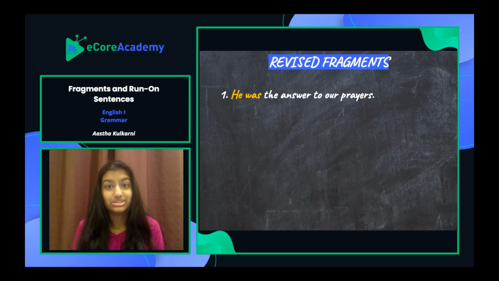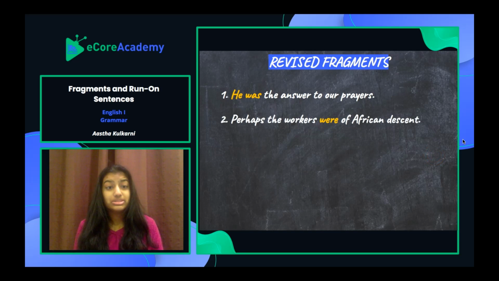We added both in this case, a subject and a helping verb. We added he was to make this sentence complete. Adding that subject and verb clears up the question of who was doing what. So, he was the answer to our prayers. That clears up the first one using the first technique.